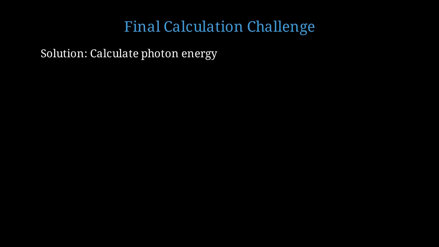Let me leave you with a challenge calculation. Ultraviolet light of wavelength 200 nanometers strikes a metal surface with work function 4.5 electron volts. Calculate the maximum kinetic energy of emitted electrons. First, calculate photon energy. Frequency equals c over lambda equals 3 times 10 to the 8th over 200 times 10 to the minus 9 equals 1.5 times 10 to the 15 hertz.